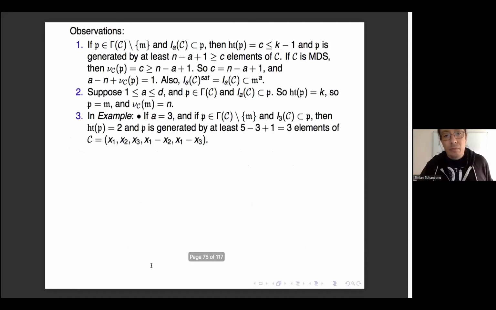Then I'll show why my result from 2010 also works in our general theorem.